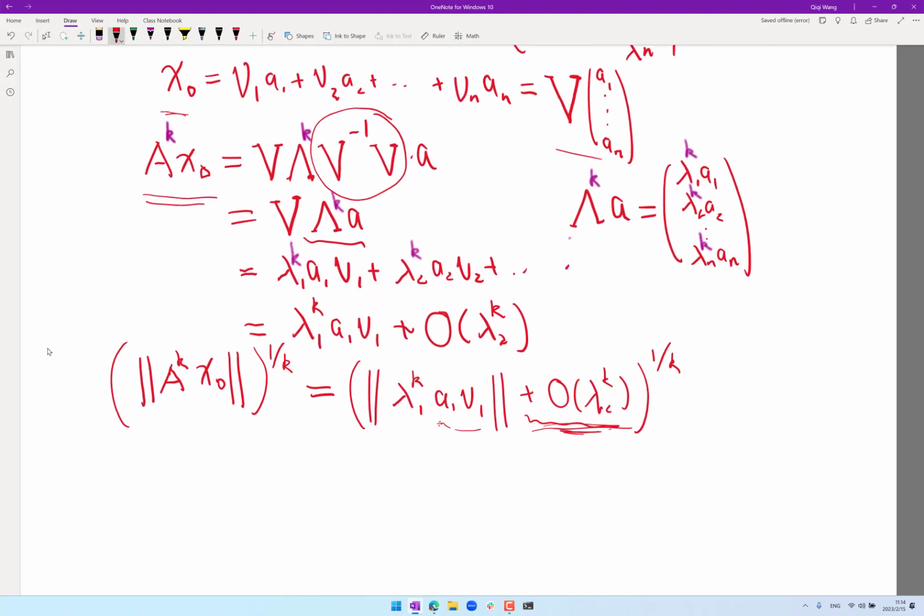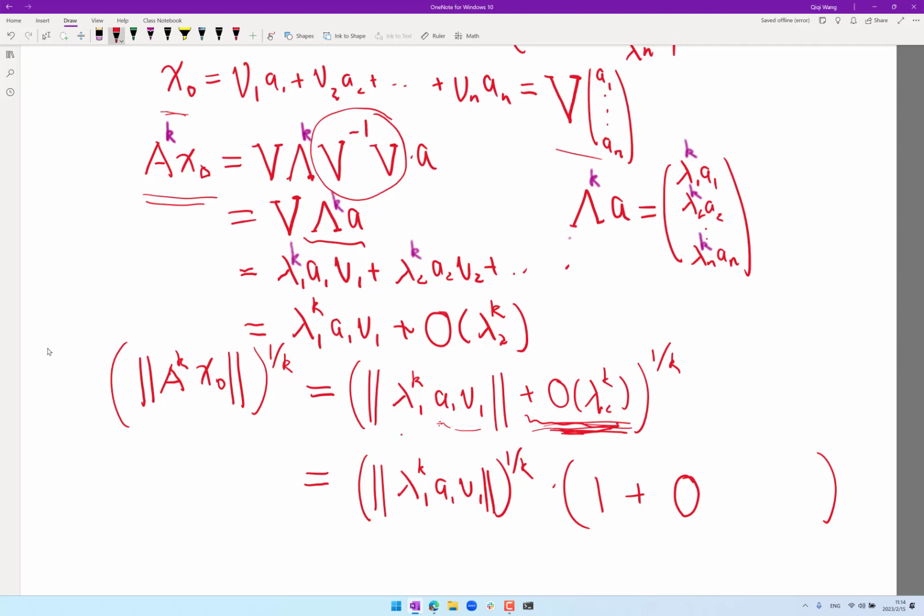So let's look at these two independently. First of all, this. We can write this as the product of two terms. One is this, to the 1 over kth power. And the second is 1 plus a big O notation of the ratio of the second term to the first term.